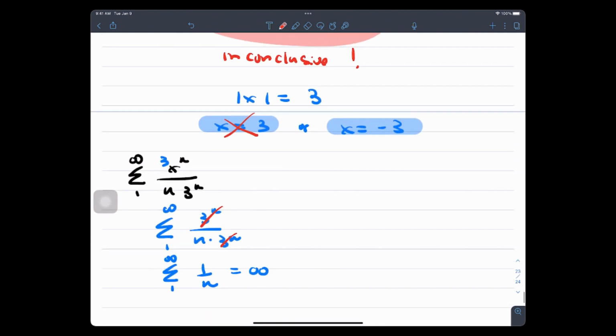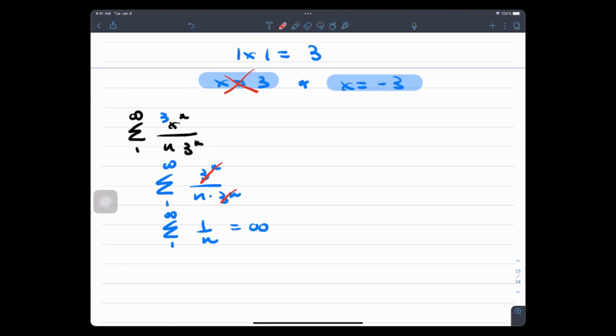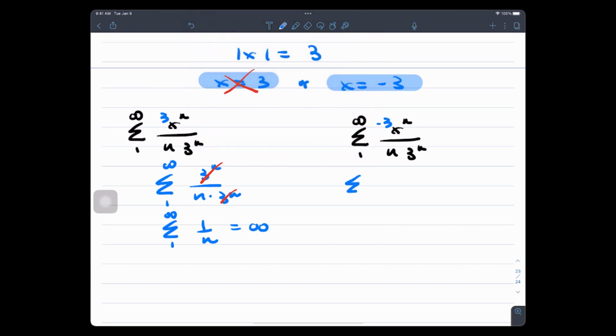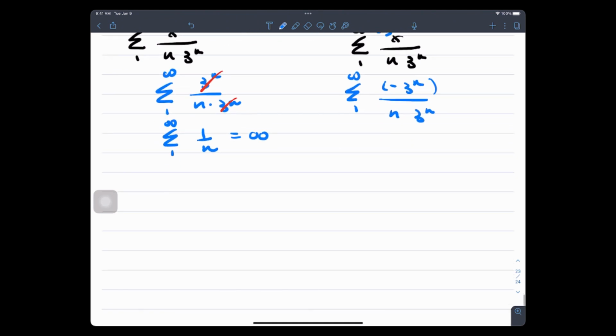But if I plug in negative 3, we get the series here. Negative 3 to the n and 3 to the n. Do you guys know what that gives you? You might have seen this before. This is negative 1 to the n, 3 to the n over n, 3 to the n.